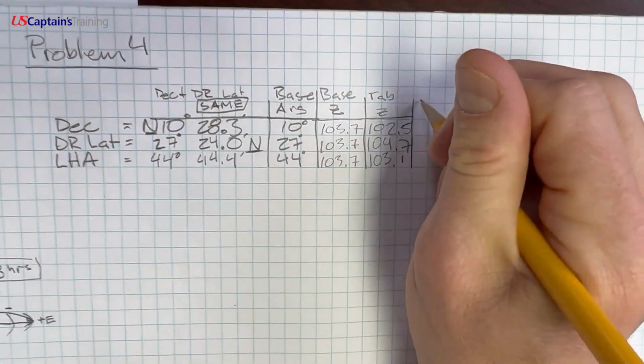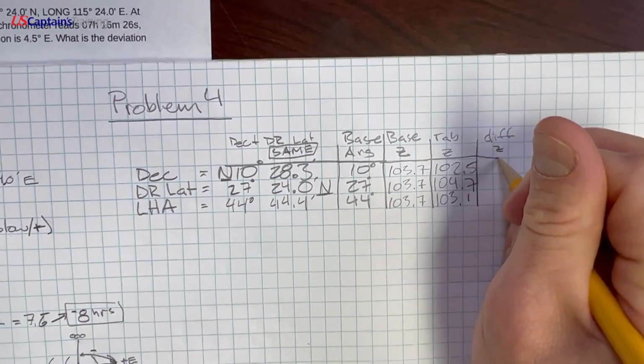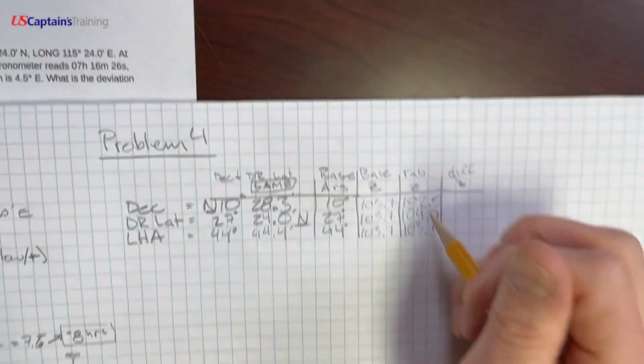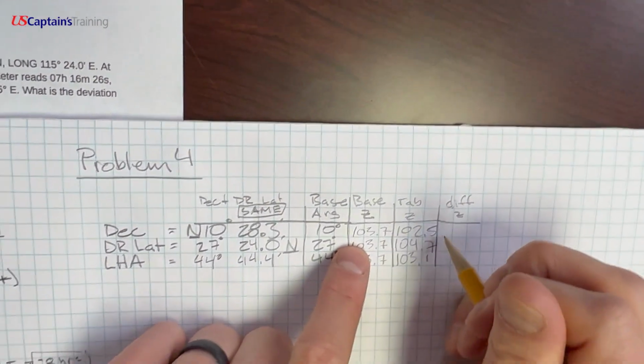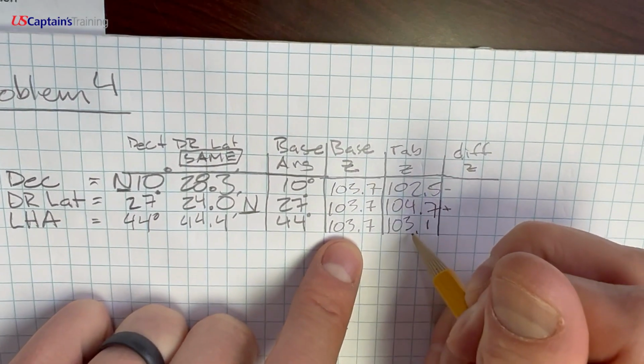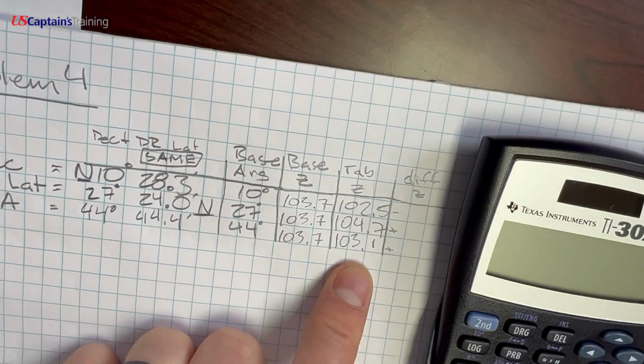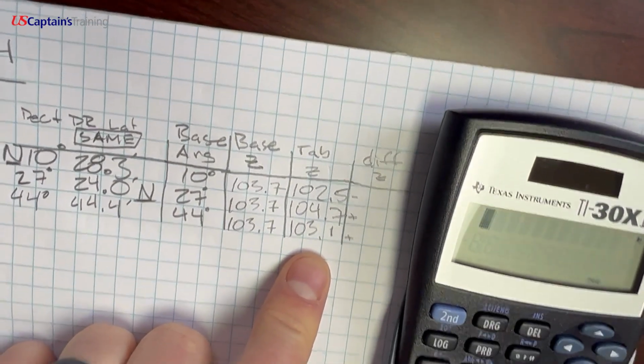Tabulated Z, the difference. The difference in the angle, or the Z. So you can see it's going down. This one's going up. This one's going down. Now we just find the difference between them by subtracting them.